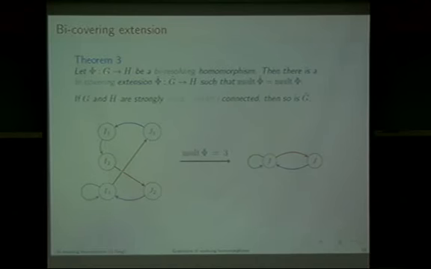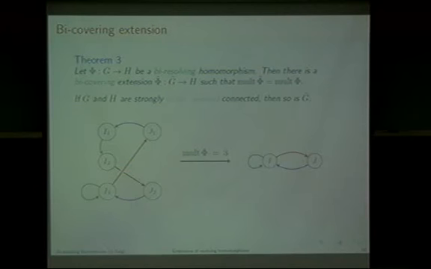So let phi be a bi-resolving graph homomorphism. Then we can first show that there exists a bi-covering extension. Bi-covering extension means that G tilde is a graph containing G and phi tilde is an extension of phi.